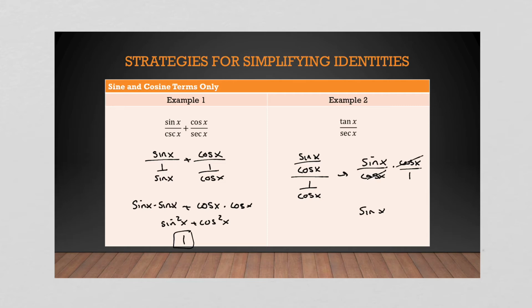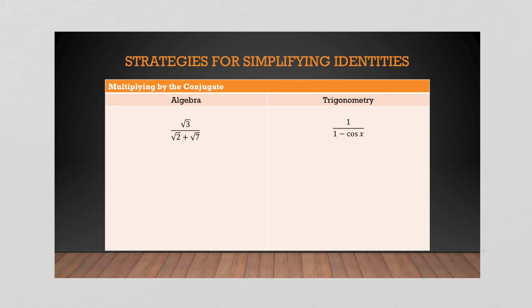The last helpful piece for simplifying is using the conjugate, right? In algebra, the conjugate was when you write the exact same numerical scenario in the denominator, but with the opposite sign, because that basically gives us a difference of squares factored, which will cancel out our radicals in the denominator.